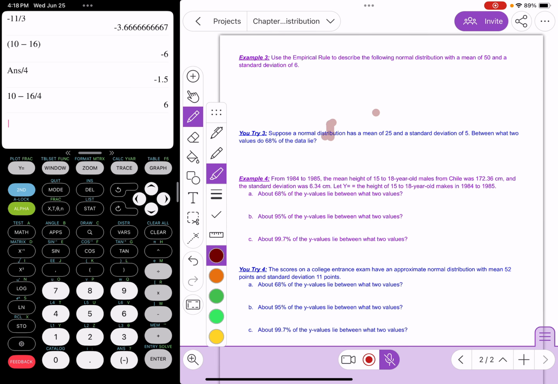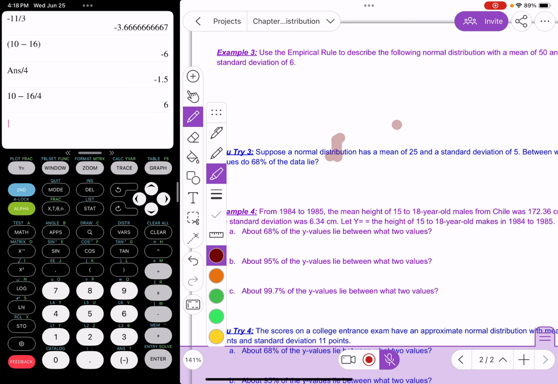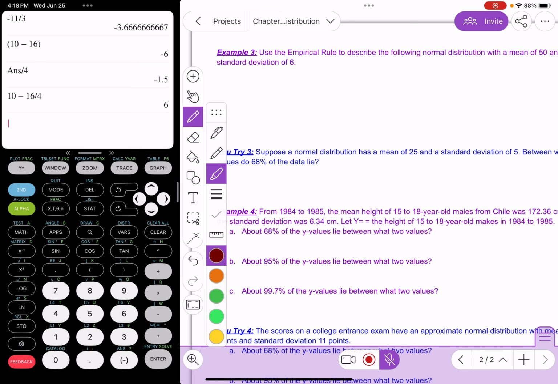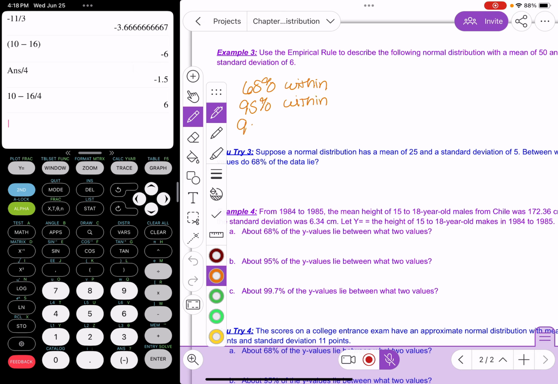So use the empirical rule to describe the following. If we're describing the distribution, we're going to say 68% are within what 2 data values? 95% are within what 2 data values? And 99.7% are within what 2 data values?